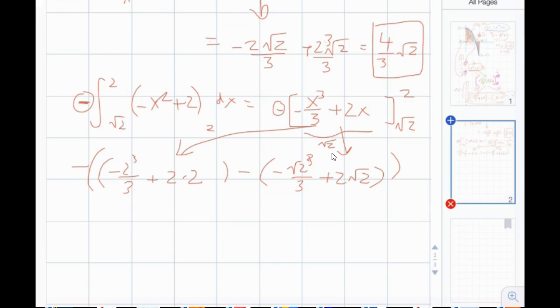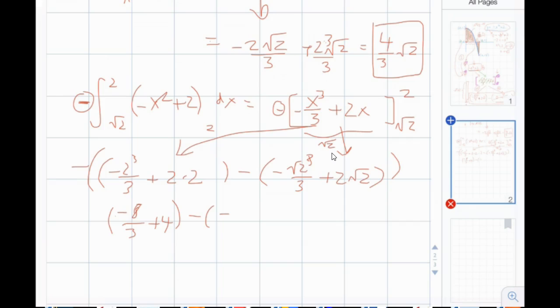Okay, and then the rest of it's just algebra. Minus 8/3 plus 4. And, you know, even if you get this part wrong, as long as you did everything right and you showed all your work, you're only going to miss like 1 or 2 points on the problem. So it's not like it's going to be fatal.